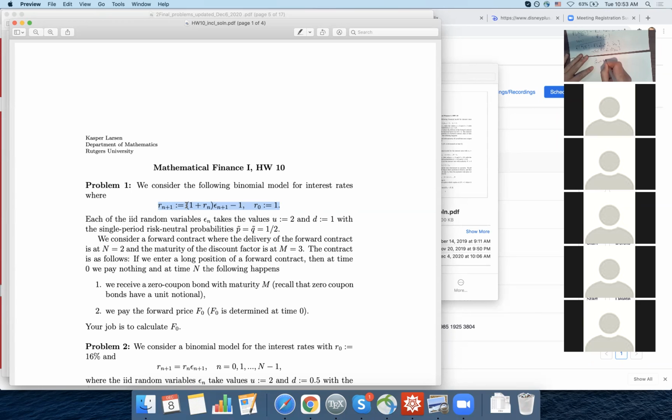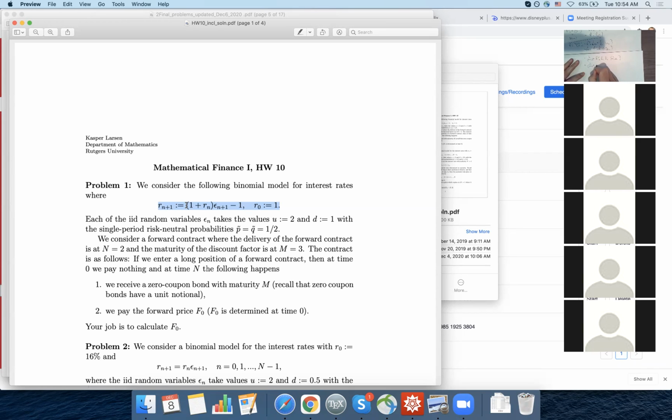Expectation of 1 epsilon 1, 1 over epsilon 2, and then I need 1 plus R1 here, so I'll use the formula again in the problem formulation. This is 1 over 1 plus R0 times epsilon 1. So I can combine, I get 1 over 1 plus R0 to the power 3.